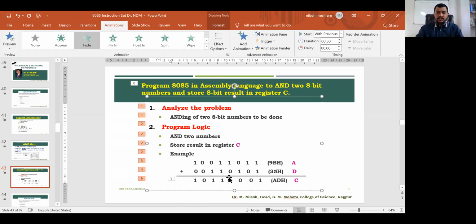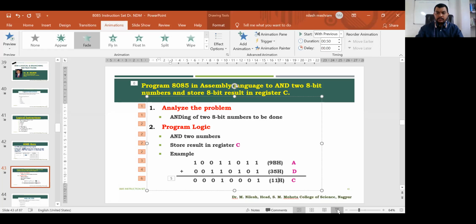So 1 0 is again 0, 1 0 is 0, 1 1 is 1. This is again 0, 0 1, 0 0, and this is also a 0, right? So the output that is expected to come over here is, I hope, 1 1, so this must be 11 in hexadecimal.